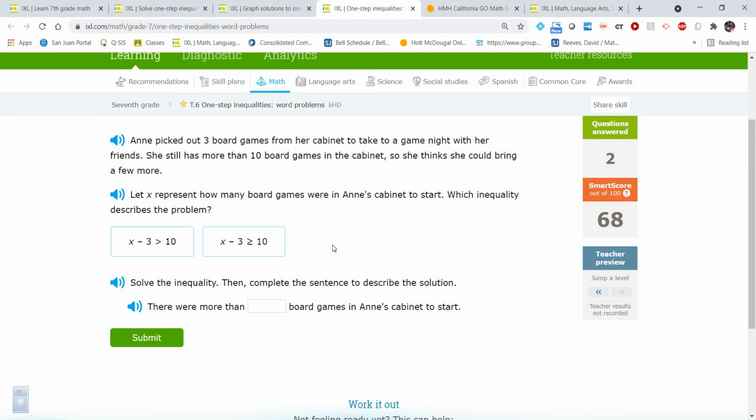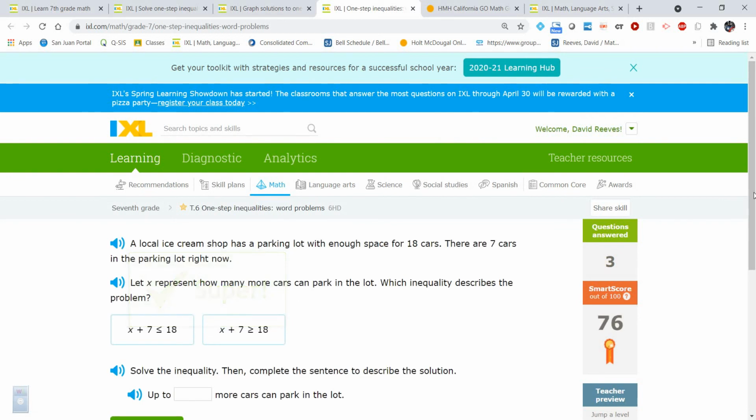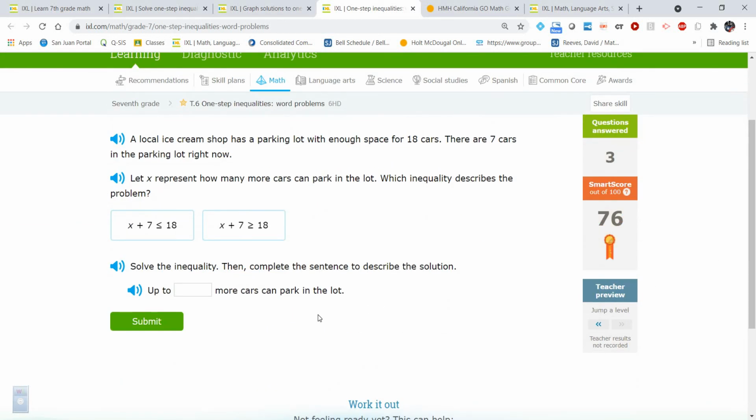All right, so she took out 3, and she still has more than 10. Well, it doesn't say 10 or more. It says more than 10, which means 10 is not included. So here we go. She had some. She took out 3. She still has more than 10. If we put those 3 back, 10 plus 3 is 13. There were more than 13 in her cabinet to start.